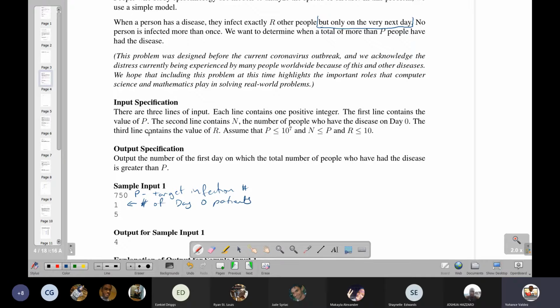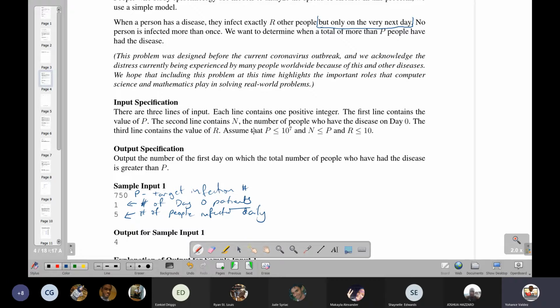And then, of course, the third line contains the value of R, which is the number of people that get infected every day, so the number of people infected daily.